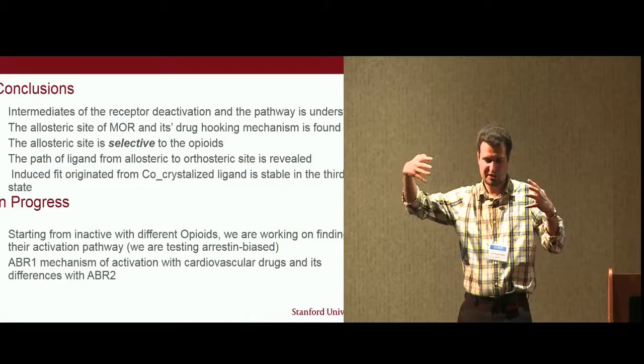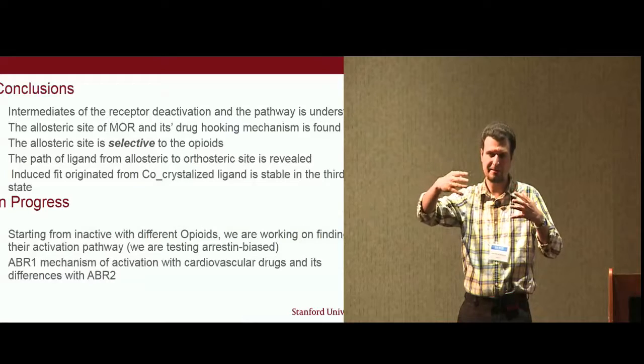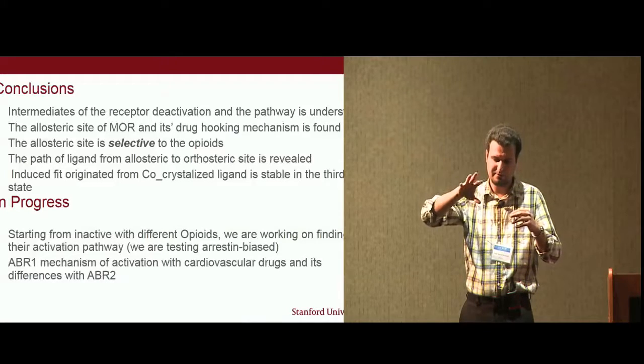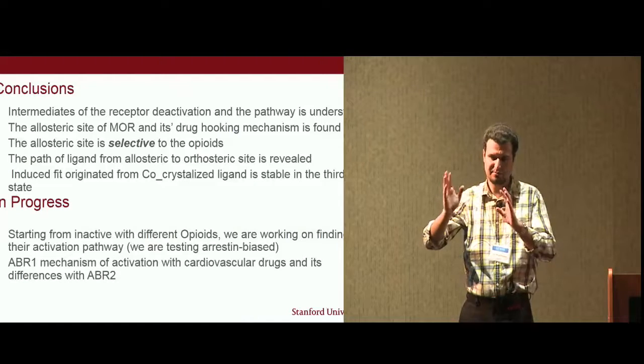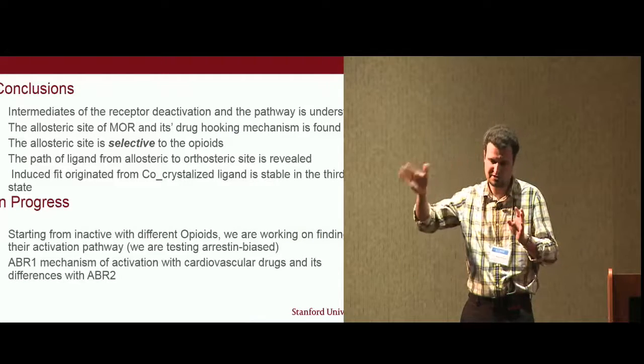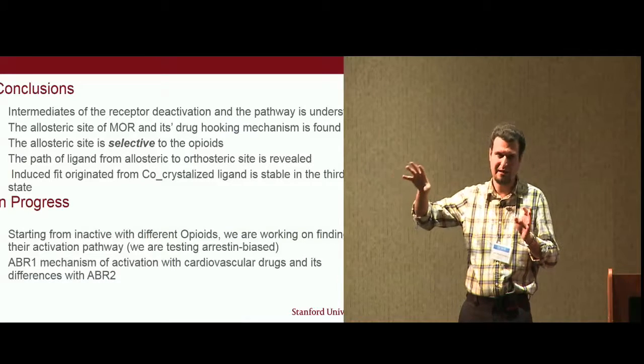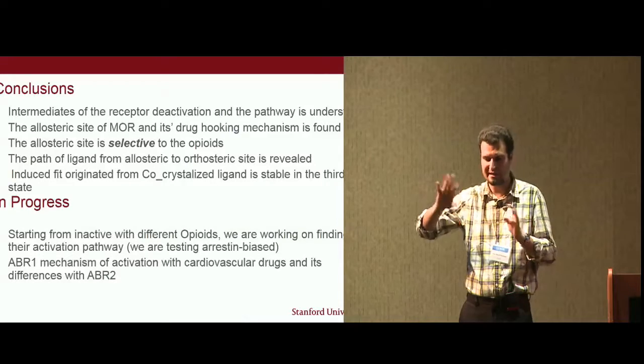So we use machine learning to match the bioinformatics data that we have from all these structures, the intermediates, active crystal structure, and inactive crystal structure, with the ranking of them as arrestin biased and non-arrestin biased.